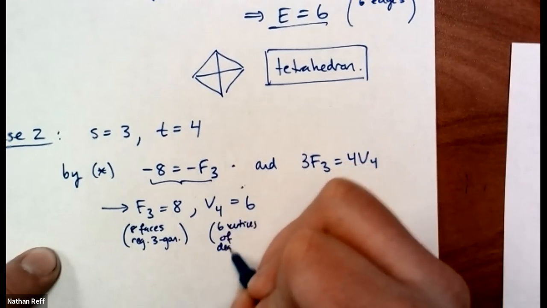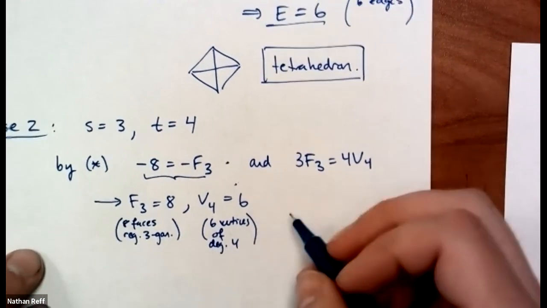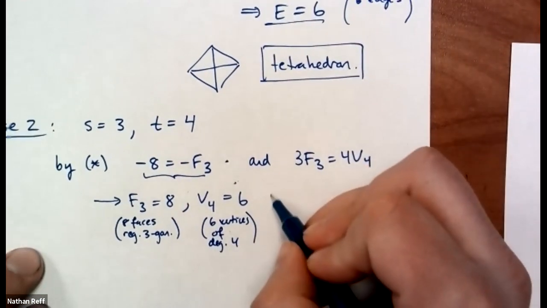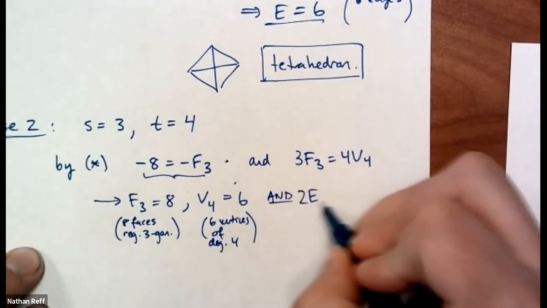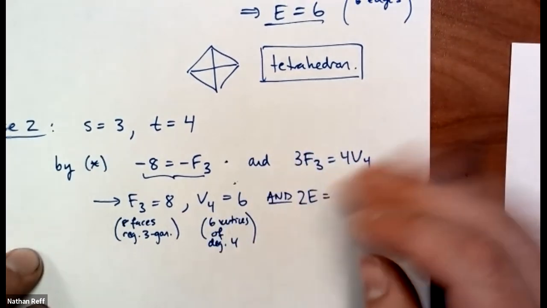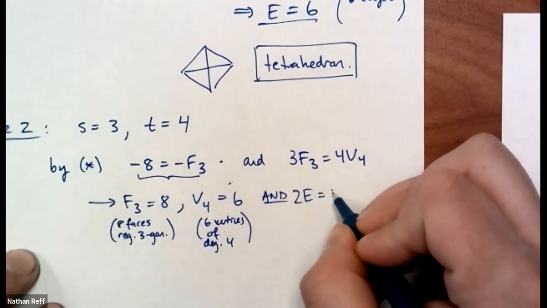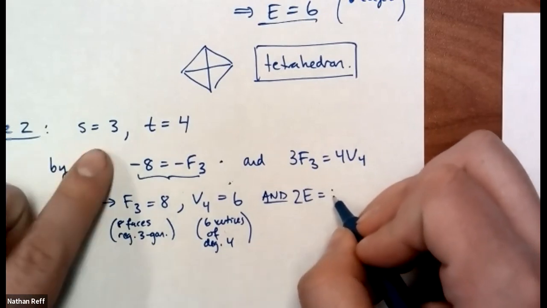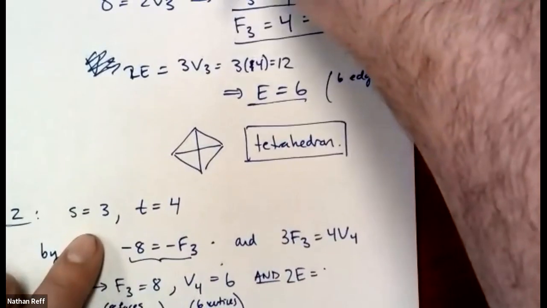of degree 4, and from this you can also figure out the number of edges again. How many will that be? So 2e would be equal to what? Let's do, just making sure I'm plugging in the right thing.